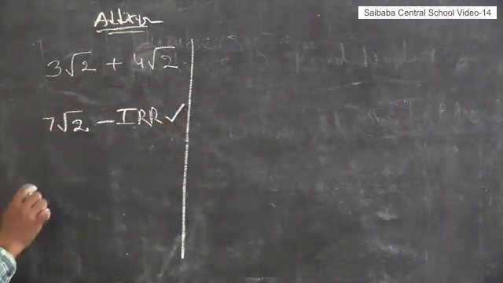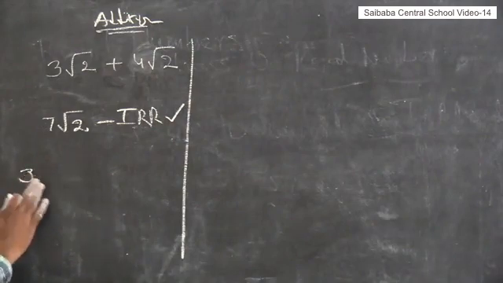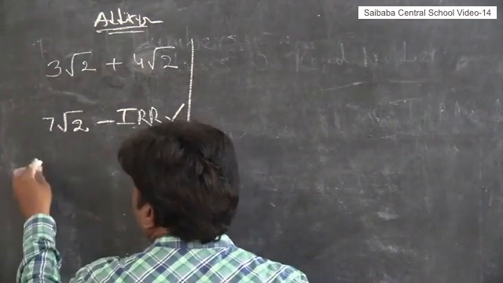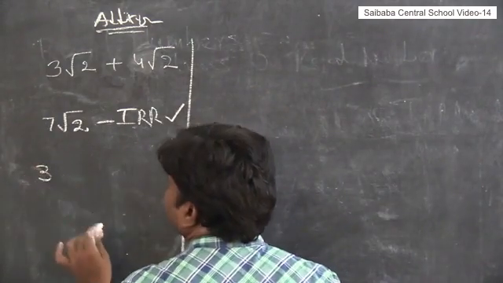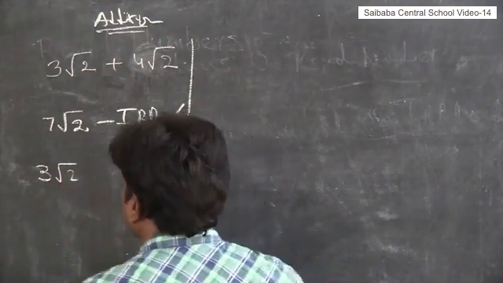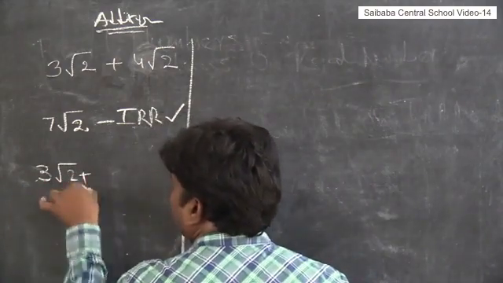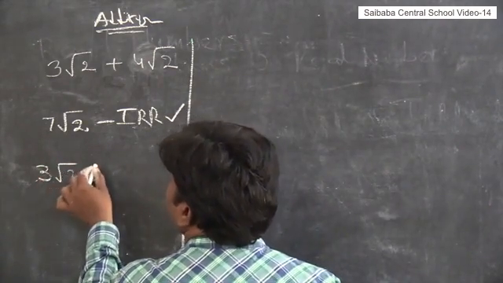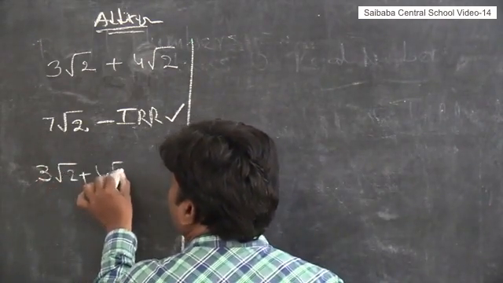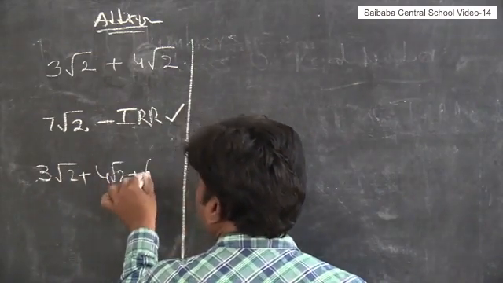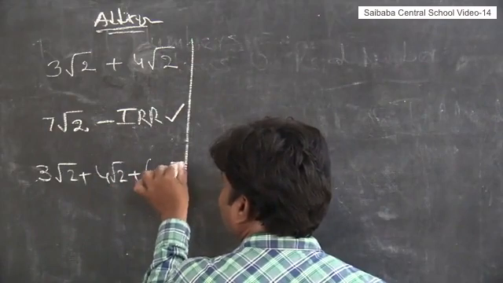Next, I am taking another one. Next number I am taking 3 root 2 plus 4 root 2 plus minus 7 root 2.